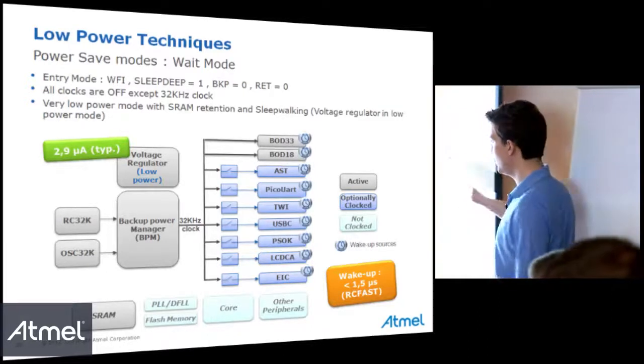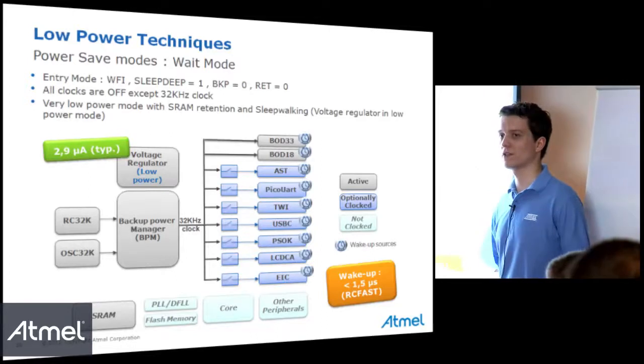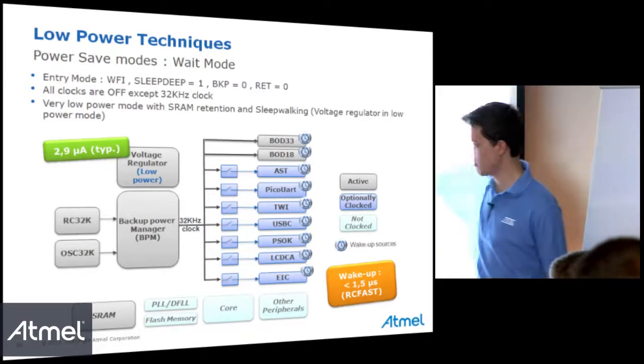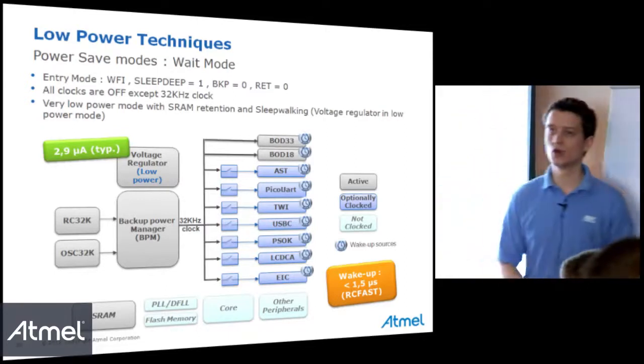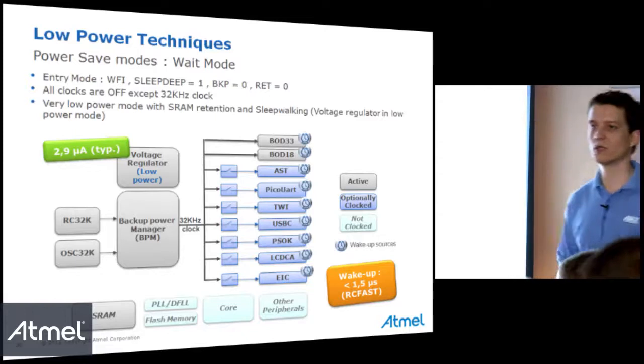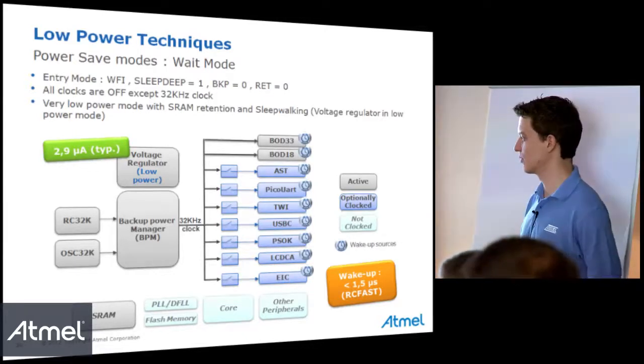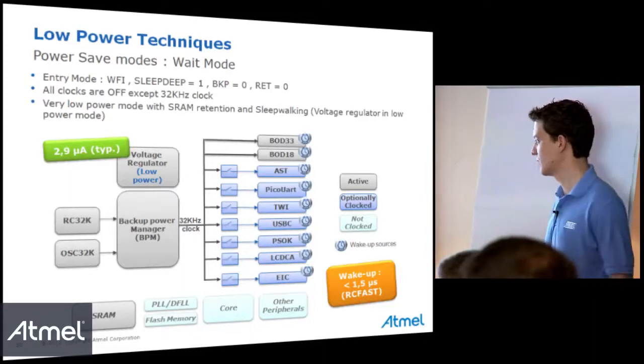In this mode, any interrupt from these peripherals allows to wake up the device. So it's mainly 32 kHz peripherals. In addition to this, you can mask all the peripherals that you don't want to use, so these peripherals will not be clocked and will not require power consumption.